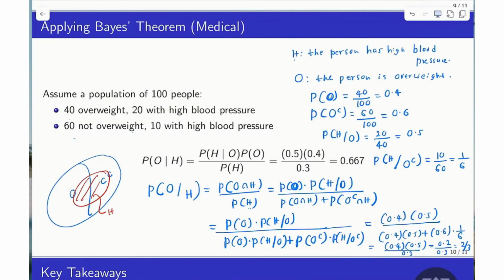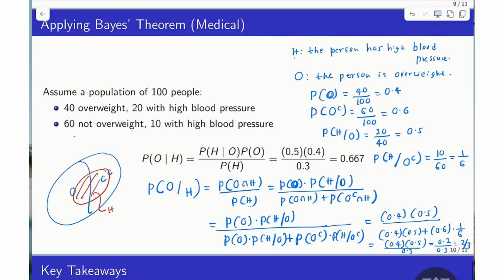Let's notice something important here. Given overweight, only 50% have high blood pressure. But given high blood pressure, about 2/3, 67%, are overweight.